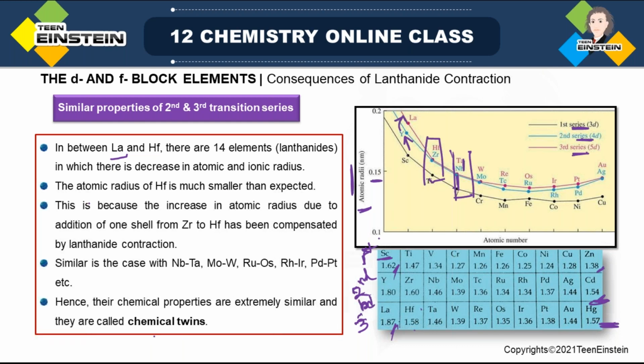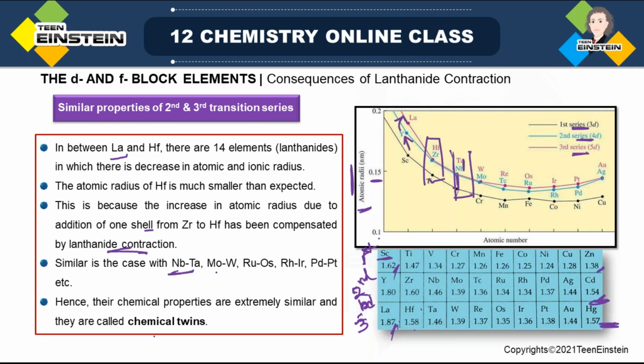This is because of the increase in atomic radius due to the addition of one shell from Zr to Hf. That is the expected observation, that when you are moving down the group, there obviously should be an increase in size. But that effect is compensated by the lanthanide contraction.